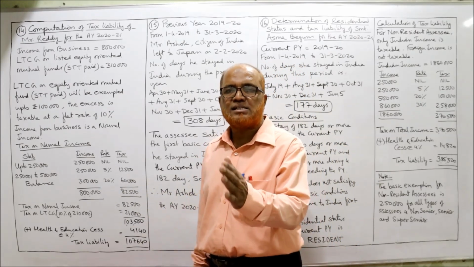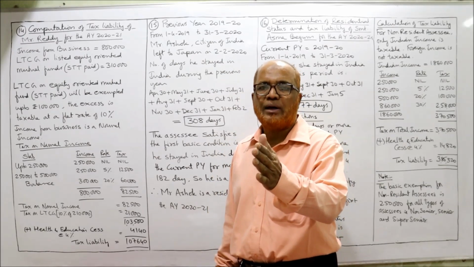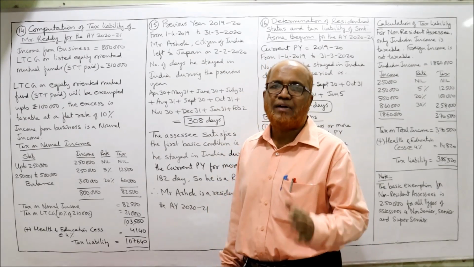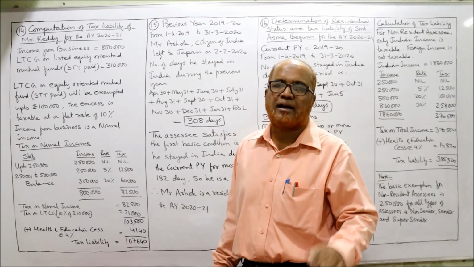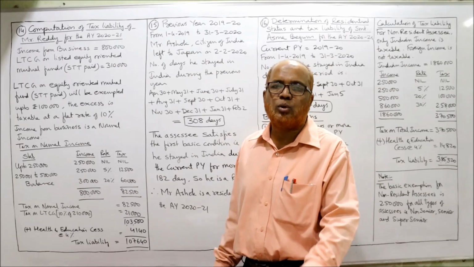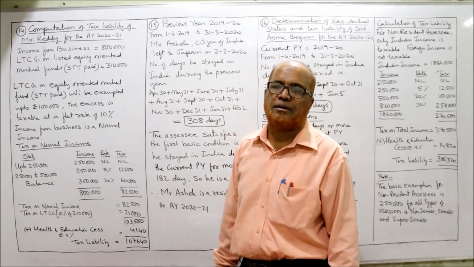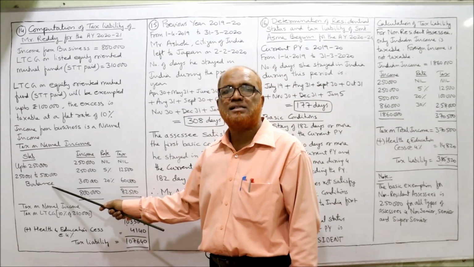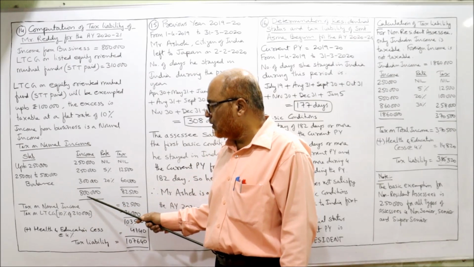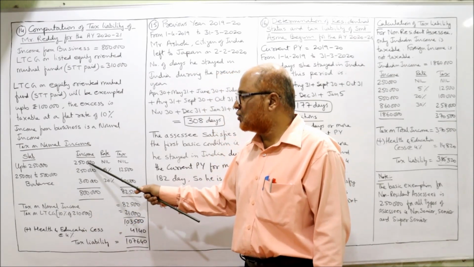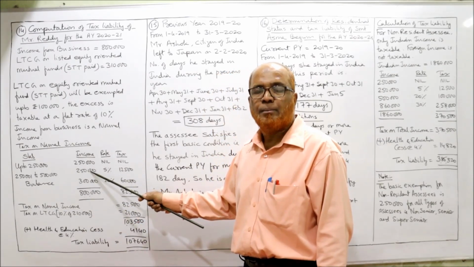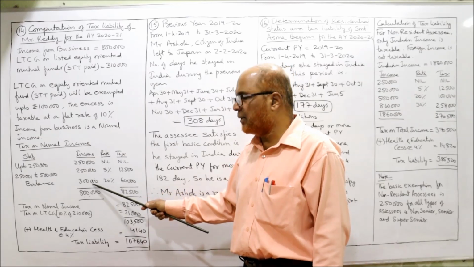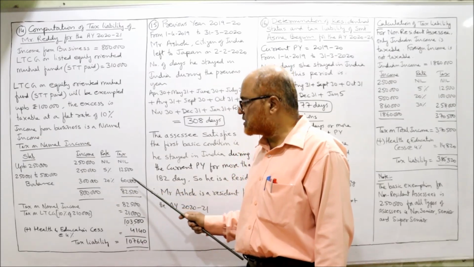Now the next slab is from 5 lakh 1 rupee to 10 lakh. But our income is not going up to 10 lakh, our income is only 8 lakh. So we will take the balance in the third slab. So 8 lakh minus 2,50,000 minus 2,50,000, that is 3 lakh remaining. On 3 lakh, 20%, 60,000.